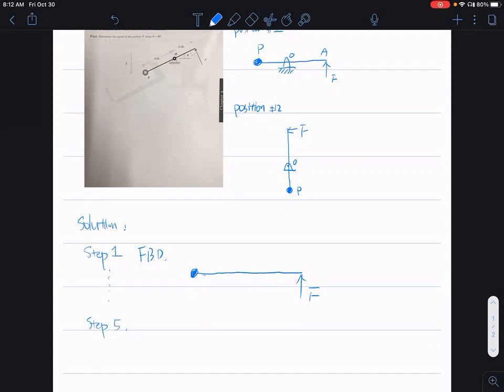The whole rod is pinned at point O, right? Should we have a force there? Yes, we should have a force at any support. Let's call this force R. This is point O.